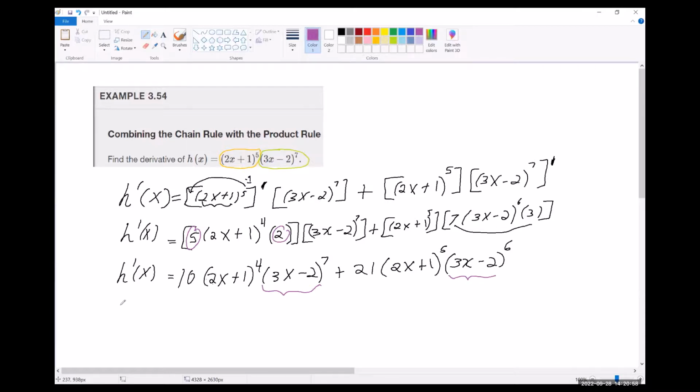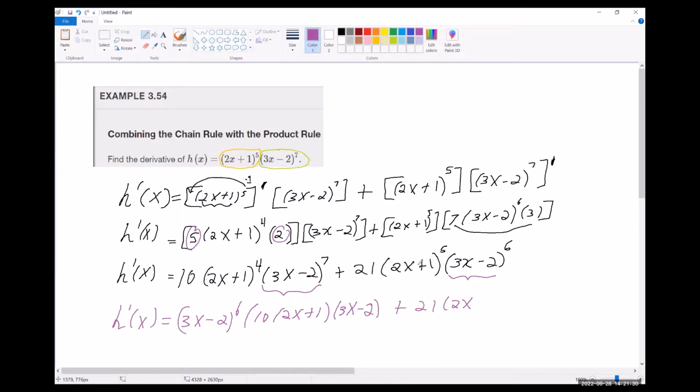So I suppose that another way to write this might be like this, but I don't know that it really does a whole lot for us.